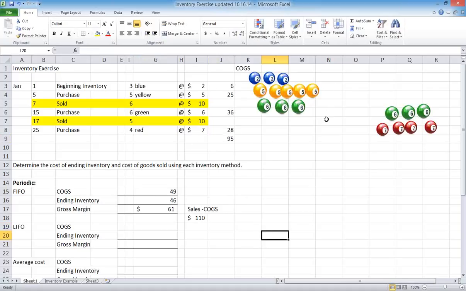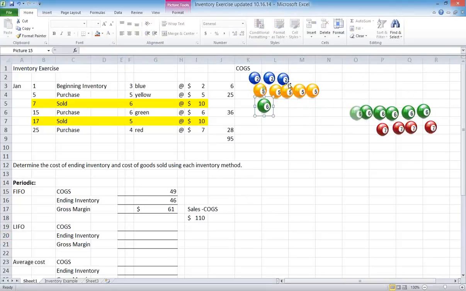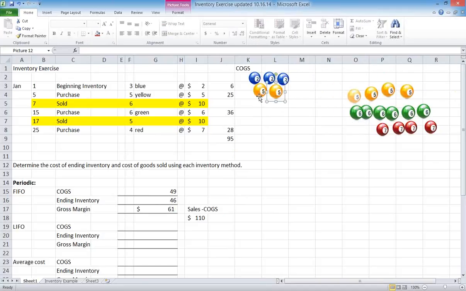Okay, let's look really quickly here at moving these back. This isn't ideal, but it still gives you a little bit of an idea of how this can work. Okay, so LIFO, the last ones I bought are the first ones I sold.